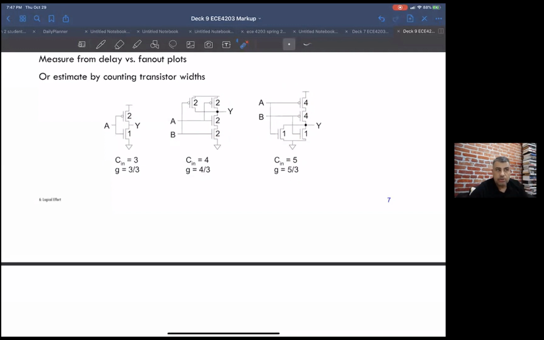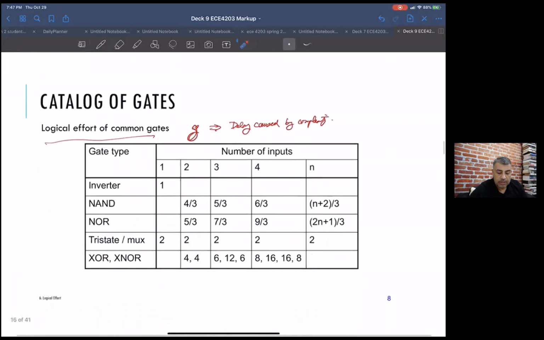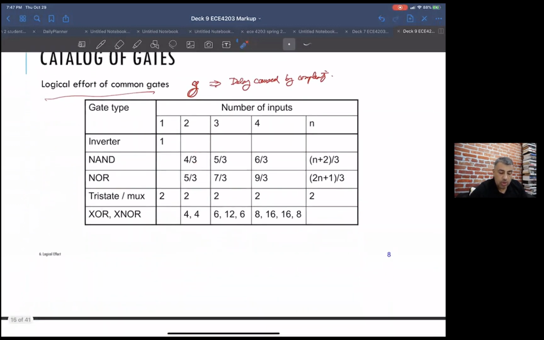And you'll see that a lot of things break down into NANDs, because if you can implement something with NANDs instead of NORs, it's more efficient. The complexity comes from the P MOSFETs being slower than the N MOSFETs. So NORs are always less efficient than NANDs for a given number of inputs. And as the number of inputs grows, you also get less and less efficient.